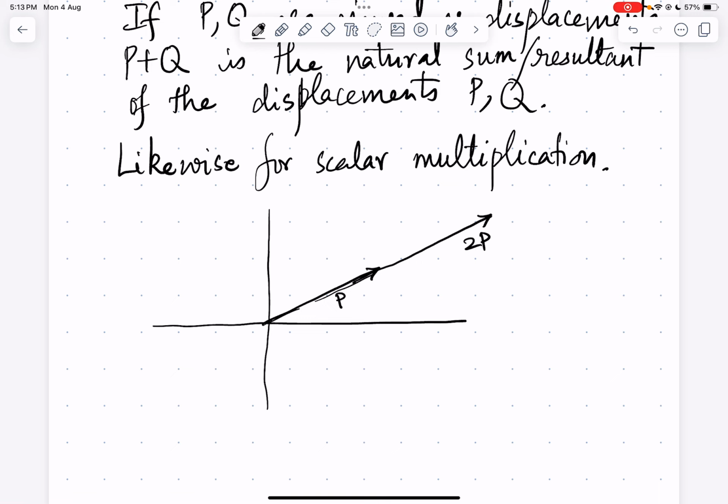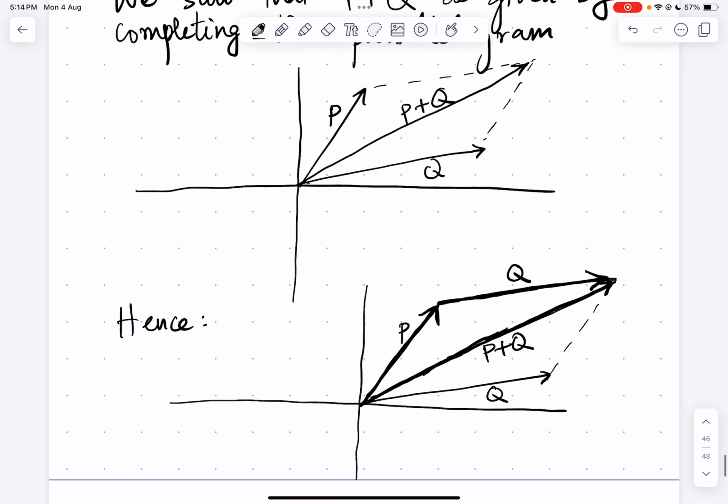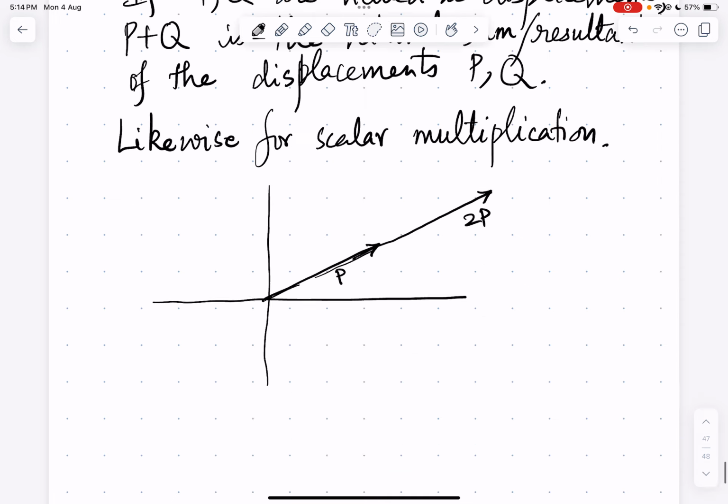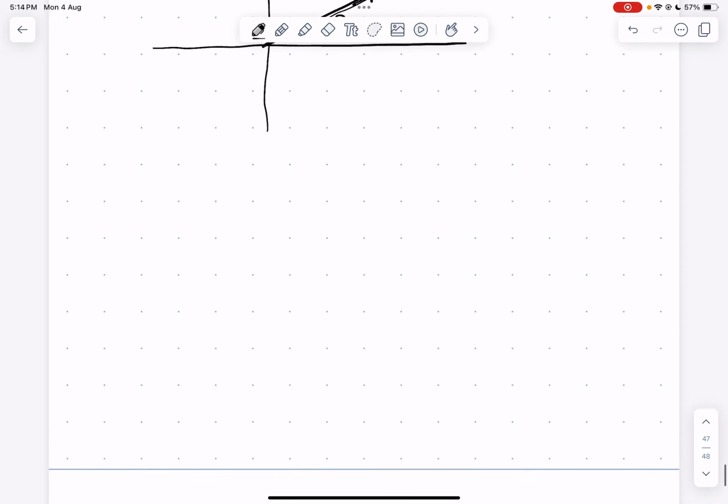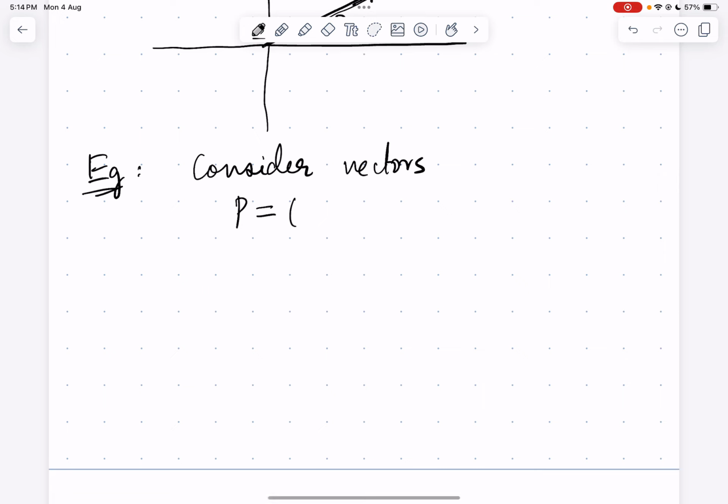Okay, so we got one more interpretation of the sum of 2 points in the plane. To specify an example, consider vectors p equals 1 comma 2 and q equals 3 comma 1.